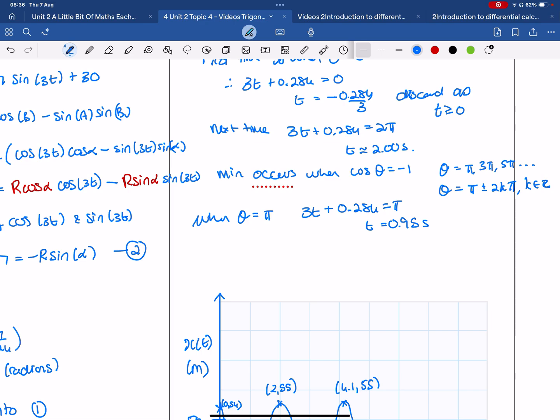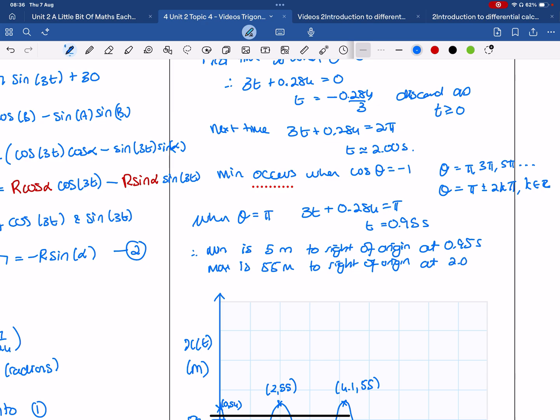Okay, so our minimum is 5 meters to the right of the origin at 0.95 seconds, and my maximum is 55 meters to the right of the origin at 2 seconds.